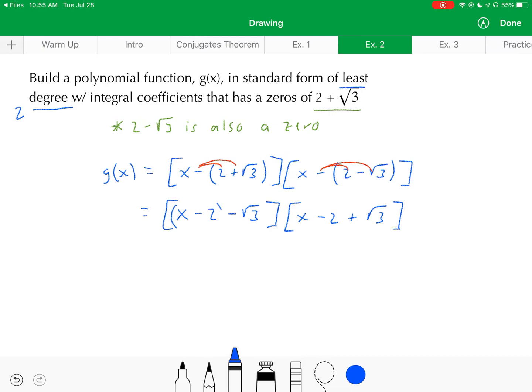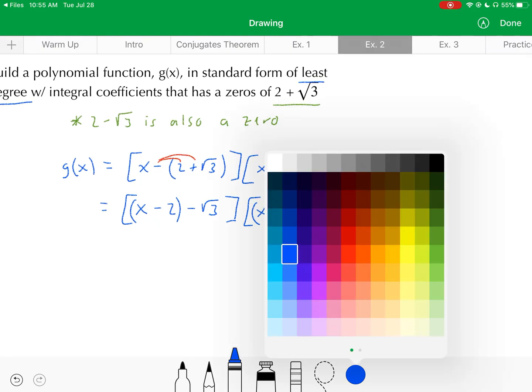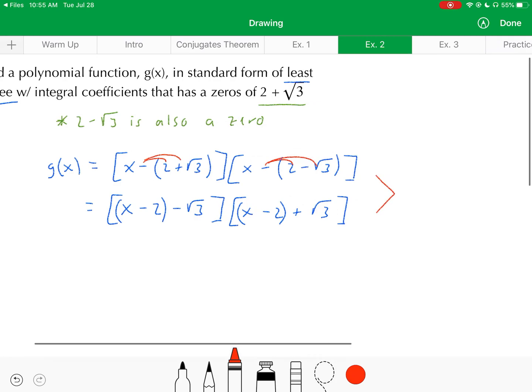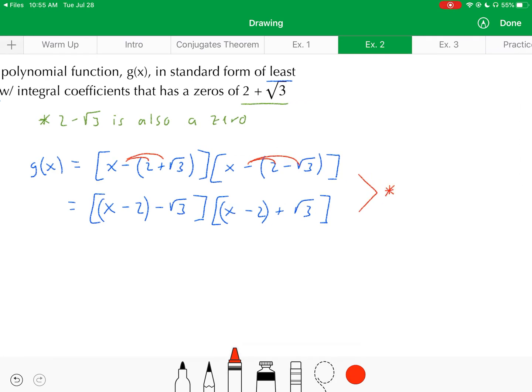So that means I'd be working with x minus 2 first before subtracting by radical 3. And then the same thing over here, okay? So what I've just done by distributing the negatives and then shifting the parentheses over, this process is known as regrouping. Okay, what we've done to go from here to here is used regrouping.